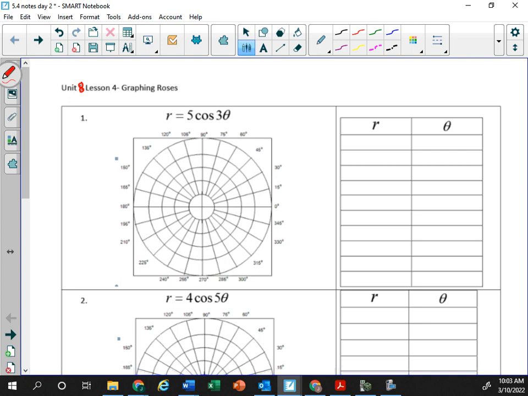All right, so let's graph our roses today. First, without knowing anything else about this graph, how many petals is it going to have? 3. We now have 3 petals. How long will they be? Length of 5.